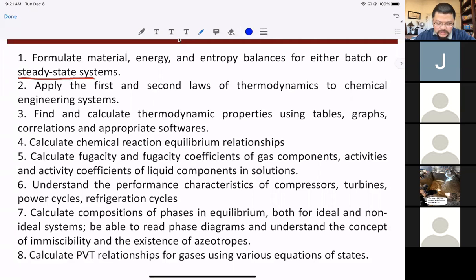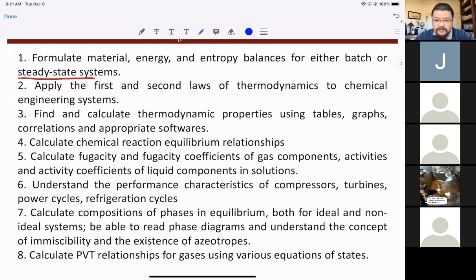The third item would be you need to find and calculate thermodynamic properties using table, graph, correlations, and appropriate software. So this is, for instance, if you recall the steam table we have been using, if you recall the VLE diagram, and then we also discussed some other HS diagram, log P, entropy diagram we had in the previous lecture.